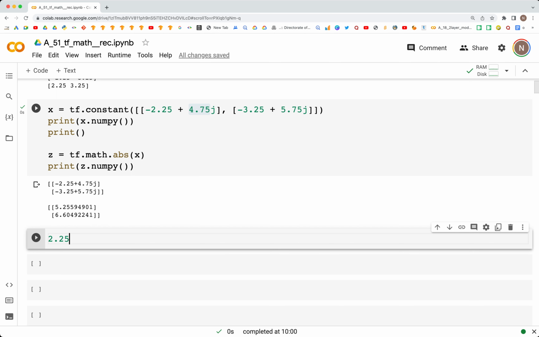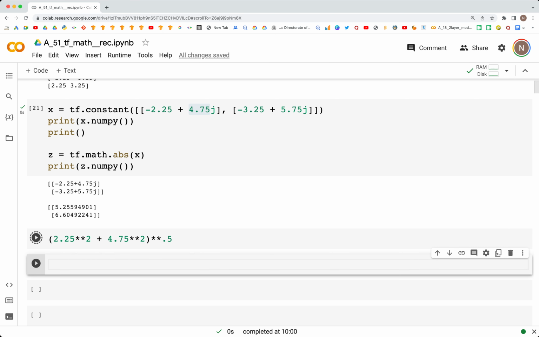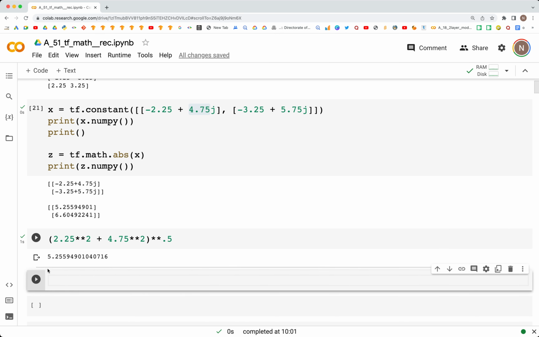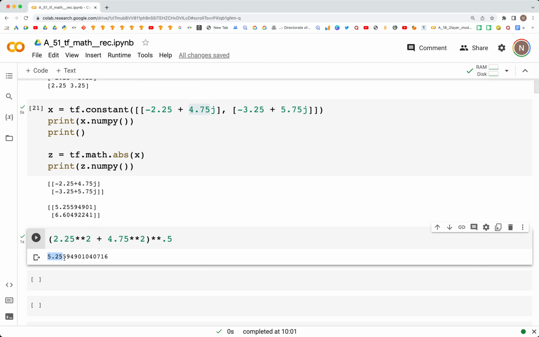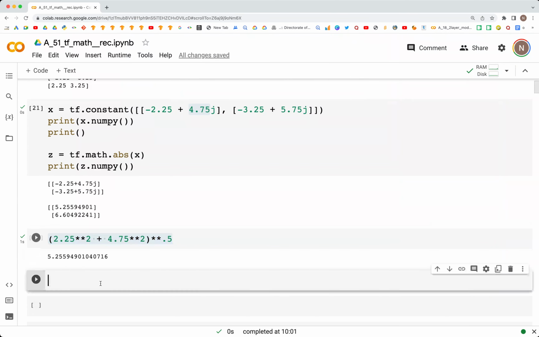We say 2.25 squared plus 4.75 squared, and then we're going to take the square root of this, so to the power 0.5, and so in the output we see that this is 5.2559.